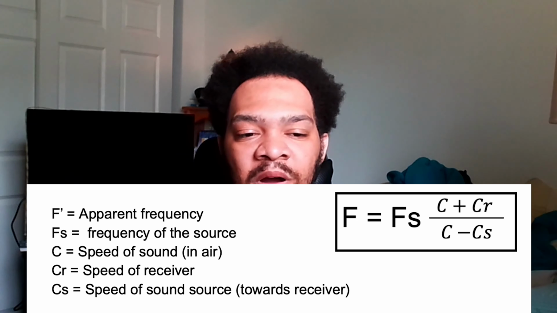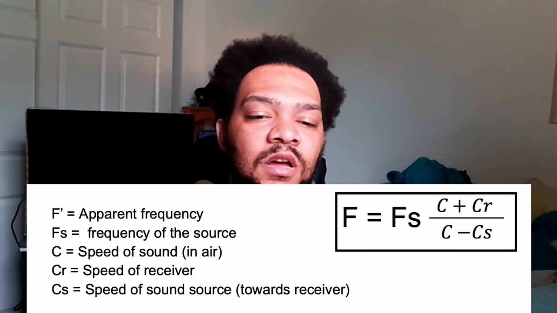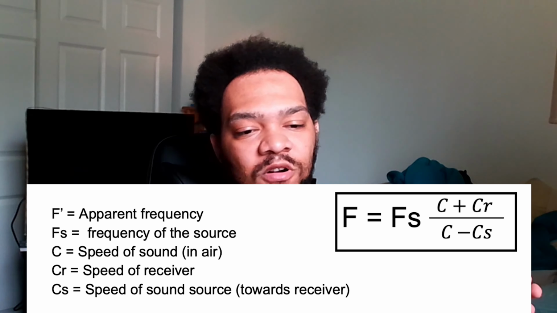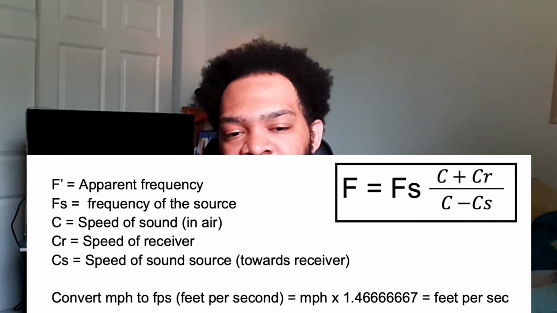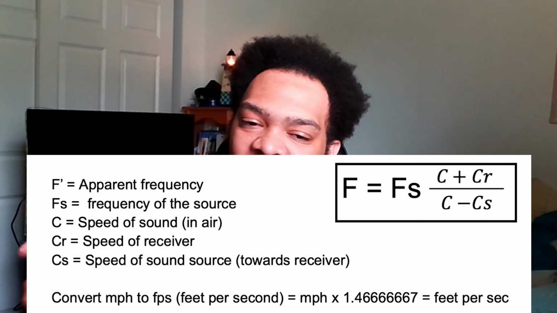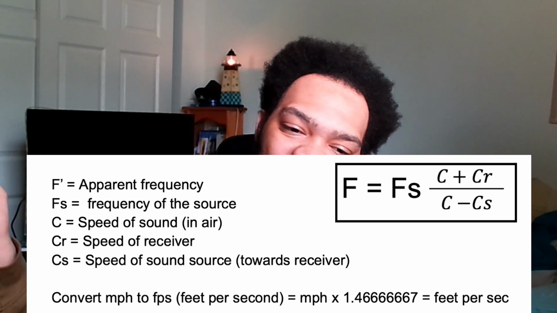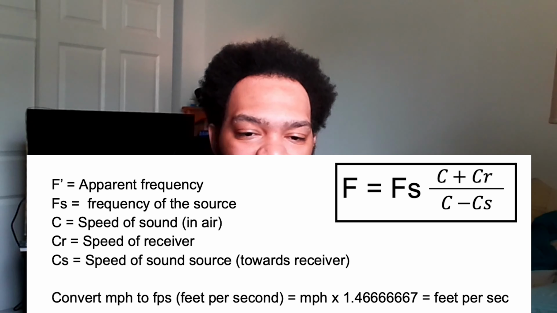But you can't use miles per hour. You need to use feet per second. And in order to convert miles per hour into feet per second, you need to use the miles per hour times 1.466666, which equals the feet per second.